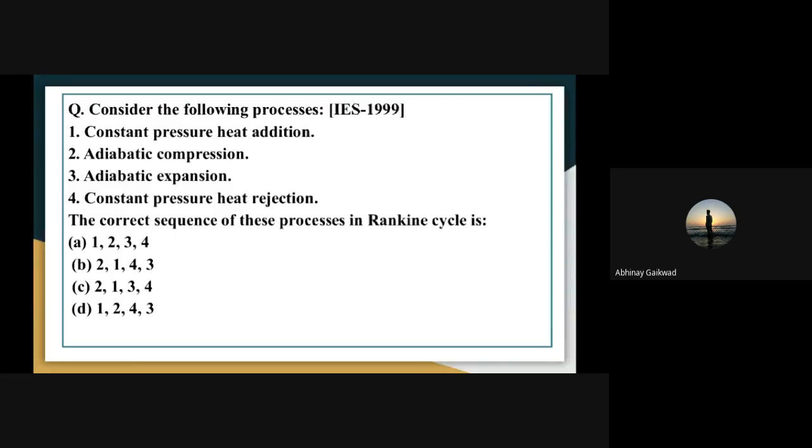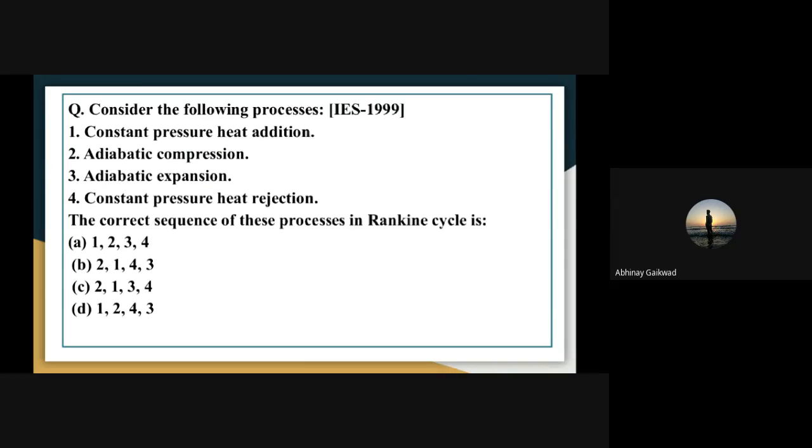A student has given answer D. Sorry, that answer is wrong. Now let's recap the processes. First, compression happens in the pump, that is the isentropic compression in the pump. So compression is process number two.